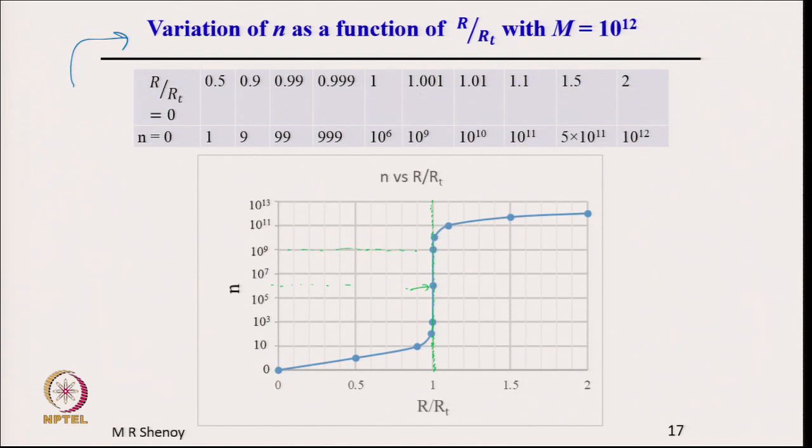So, this is actually plotted: 10 to the power of 9, 10 to the power of 10. So, what we see is when we go from below threshold to above threshold, the photon number changes by orders of magnitude, that is no lasing to lasing.